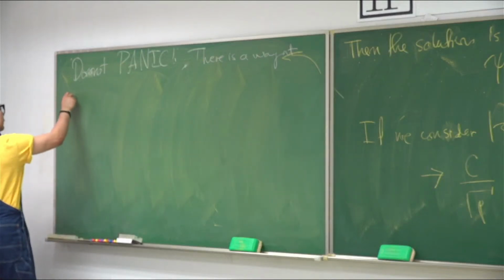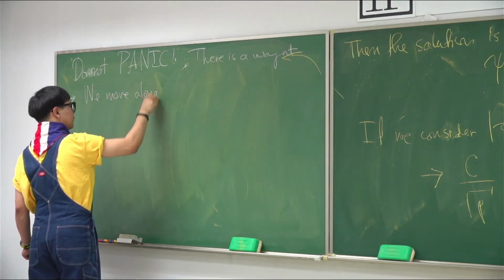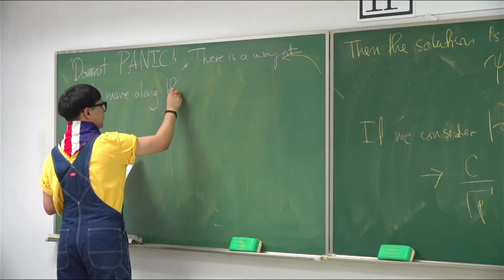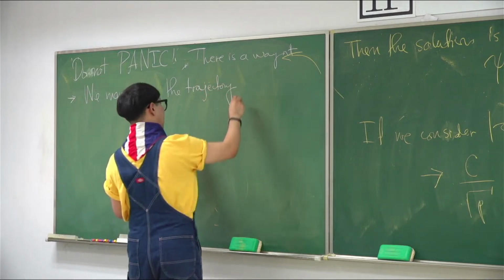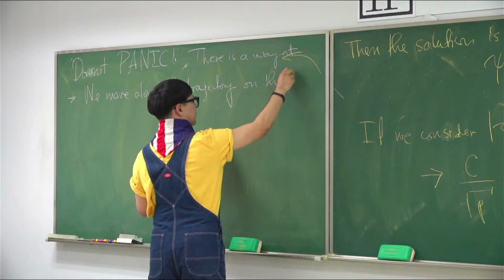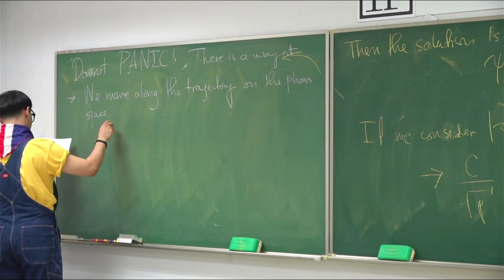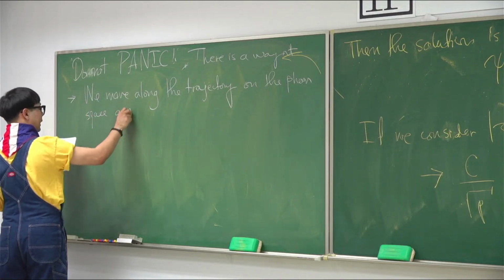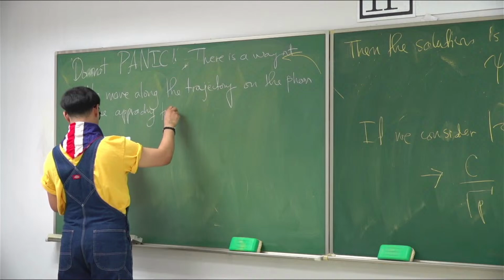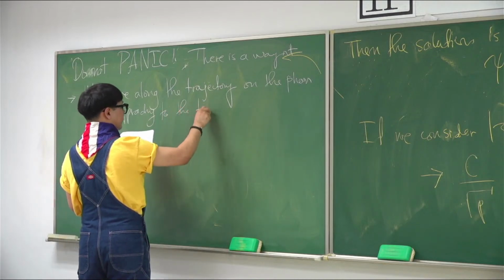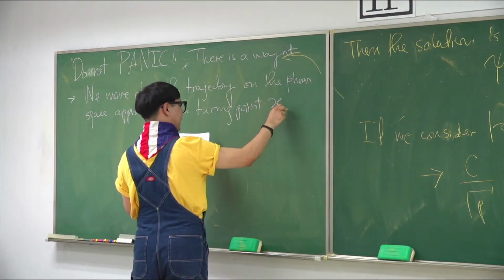So we move along the trajectory, right? The trajectory on the phase space, approaching the turning point. Suppose x minus here.